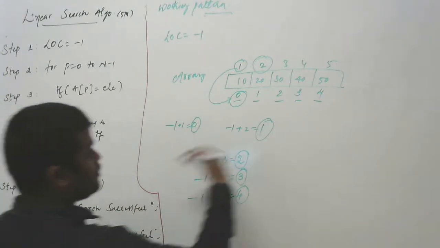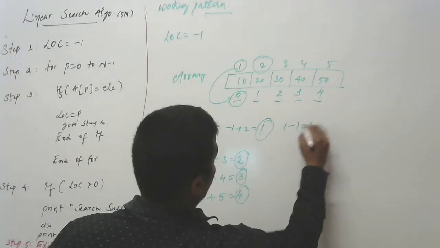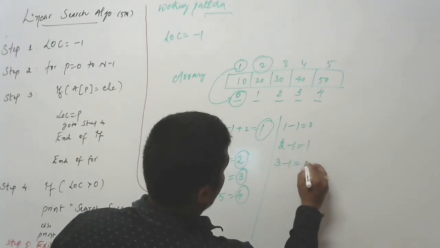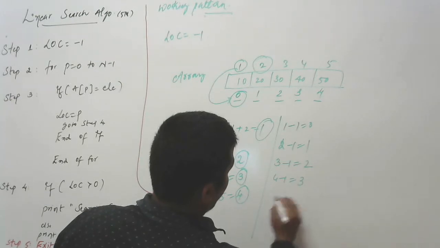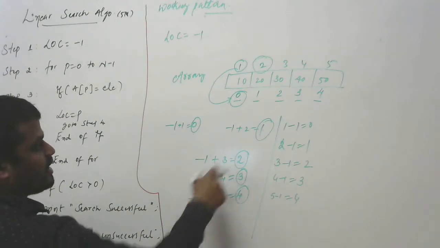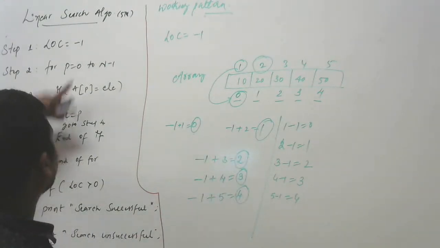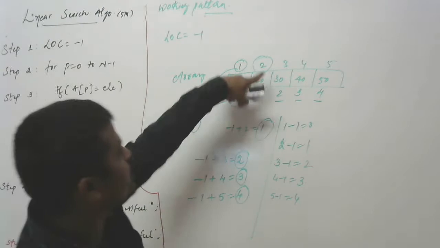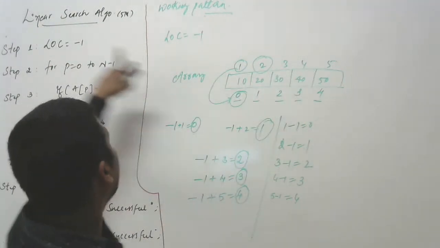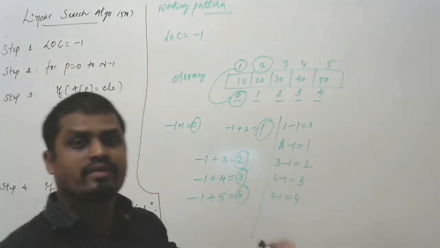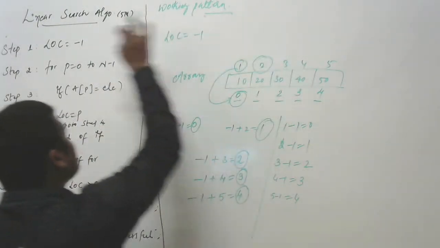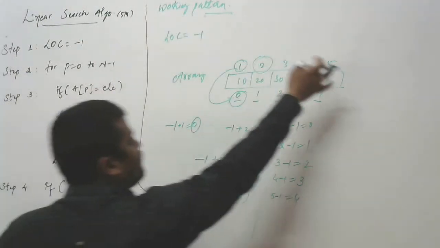If you are getting confused, you can even write it in this manner: 1 minus 1 equals 0, 2 minus 1 equals 1, 3 minus 1 equals 2, 4 minus 1 equals 3, and 5 minus 1 equals 4. In the left side column I have taken minus 1 plus 1 as 0, minus 1 plus 2 as 1, minus 1 plus 3 as 2, minus 1 plus 4 as 3, minus 1 plus 5 as 4.